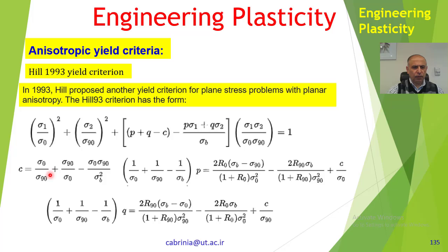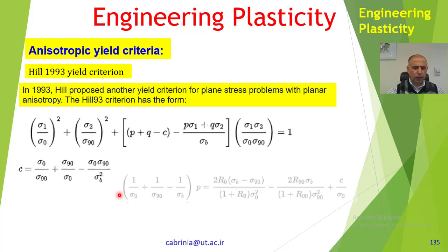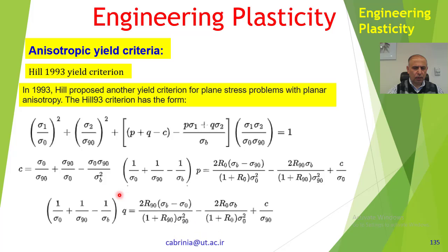For instance, C is this constant according to that, and P is this constant, and Q is this constant. So that is one, the other one, this one.